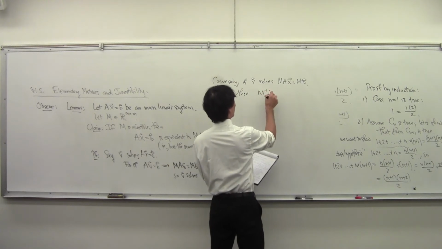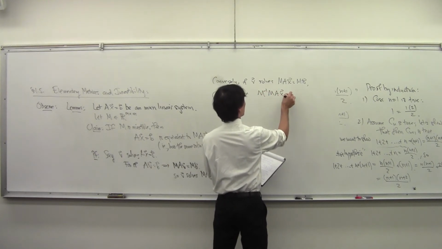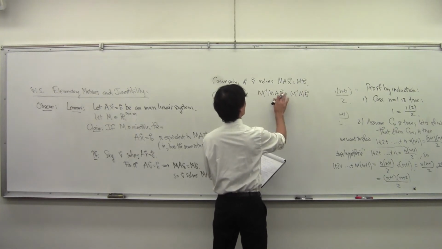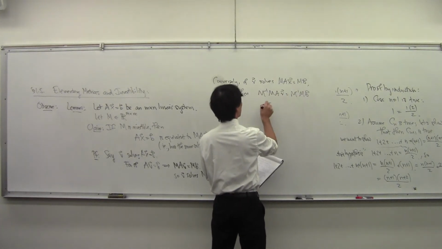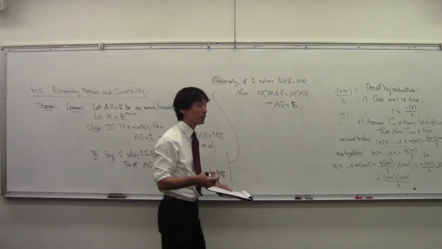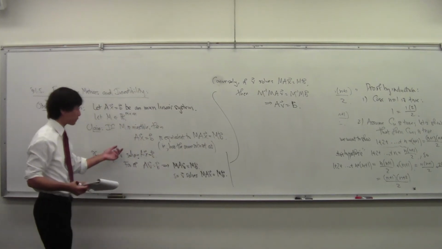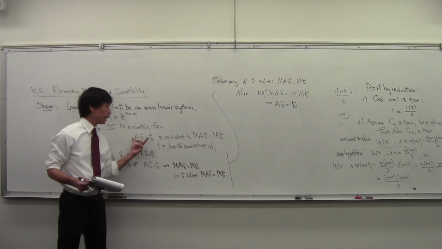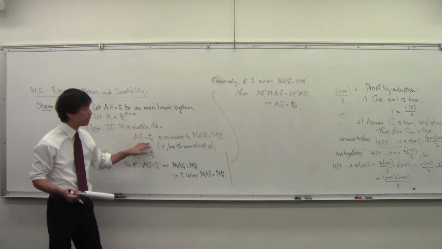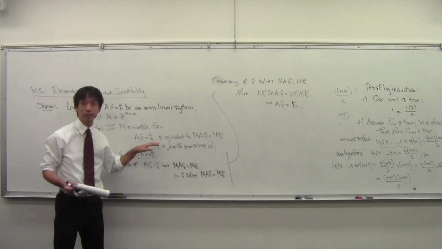So multiply by the inverse, right? Then this equals that, which is to say that AX equals B. So you see that this system is equivalent to that. They have the same solution sets.